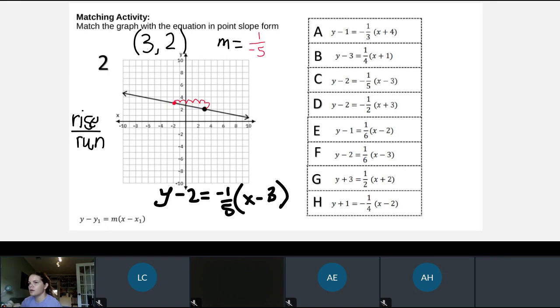If you want to, though, Liv, you could have taken this next pretty point right here, and those coordinates are -2, +3, and you can do the slope formula. If this was your x1 and y1, and then your x2, y2, you can do the slope formula if you prefer that, or you can just count rise over run.